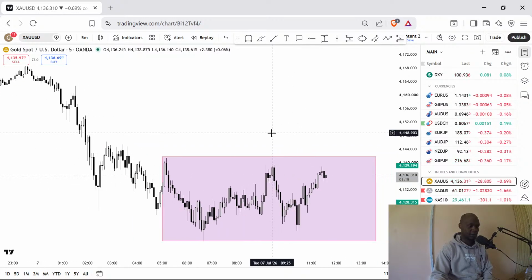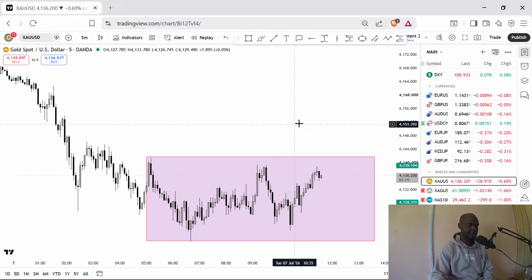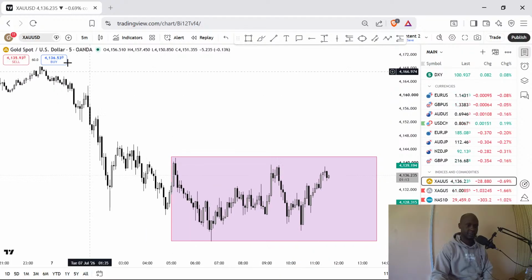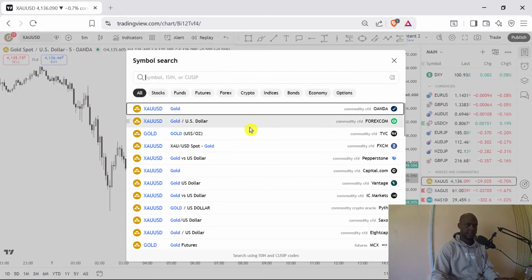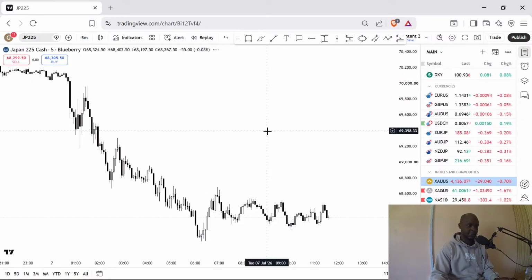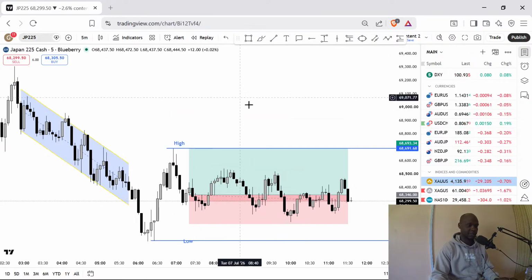For gold, we're waiting to see if we can break outside of this consolidation. So right now, let's focus on the price action on the JP225, which I currently have a long entry.